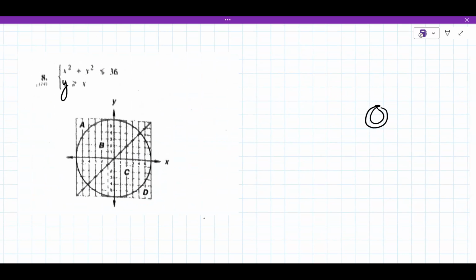So x squared plus y squared is less than or equal to 36. Now y is greater than or equal to x. Okay, so why don't you graph that? Let me know what you come up with.